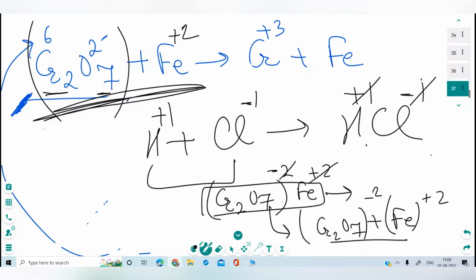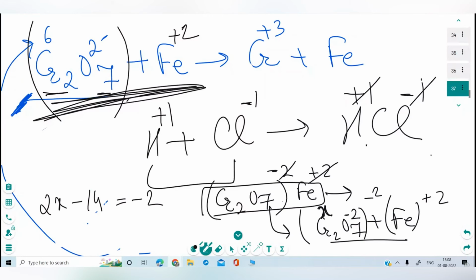Now, why are we equating? Because we want x. I don't know the charge of the chromium. So I will write 2x minus 14. Why minus 14? Because the oxygen charge I know, that is -2, so 7 into 2, which will be equal to -2. Why?